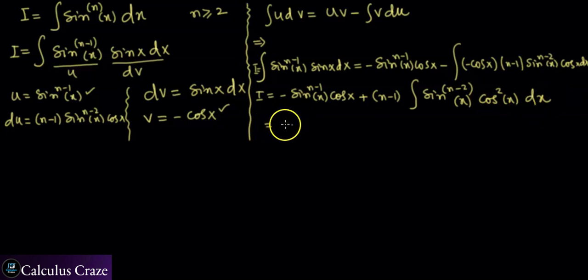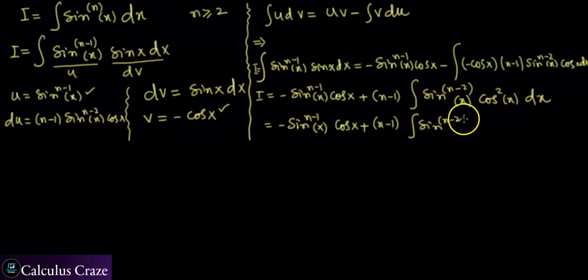So my integral should look like minus sine power n minus 1 of x cos x plus n minus 1 times the integral of sine power n minus 2 of x cos square x dx. Now first you will break this cos square x into 1 minus sine square x, dx.